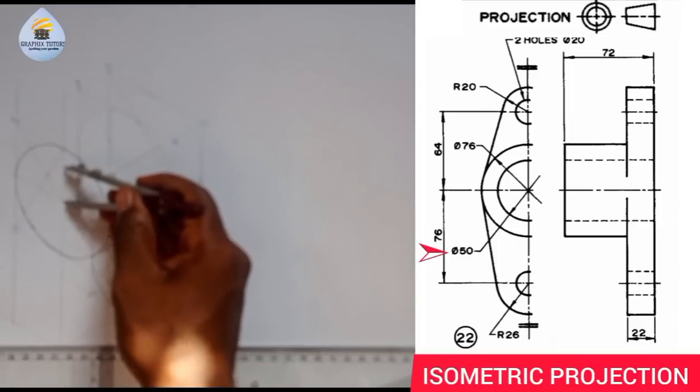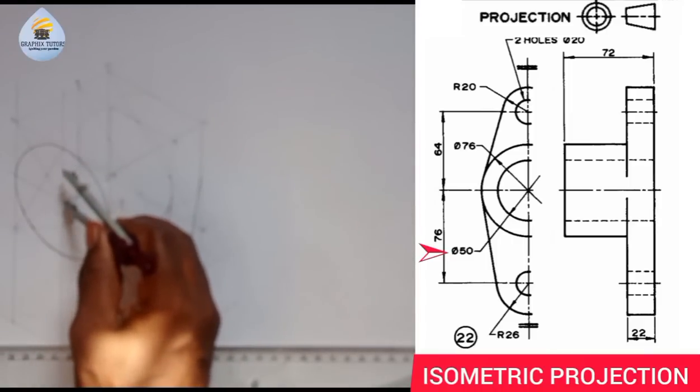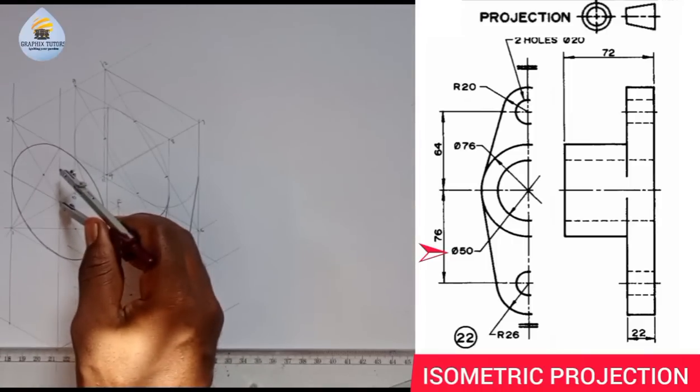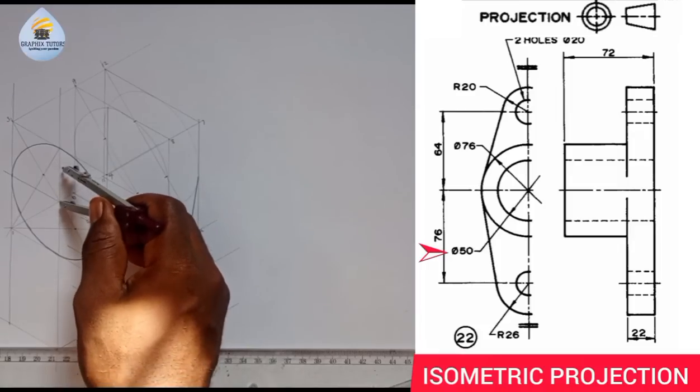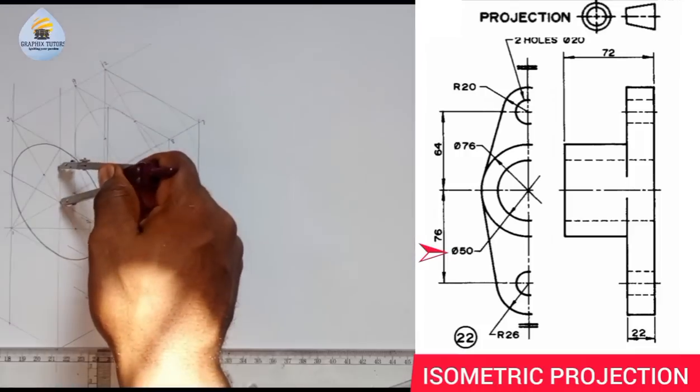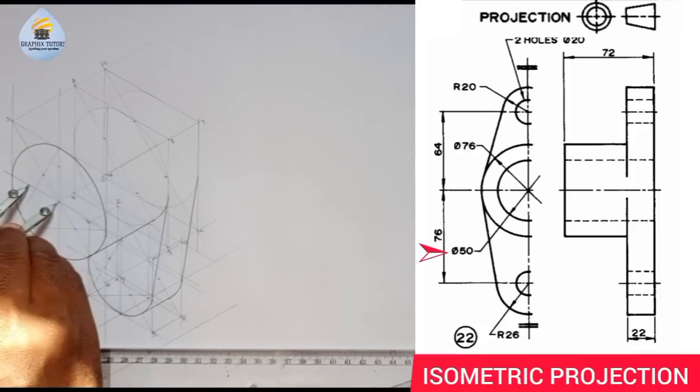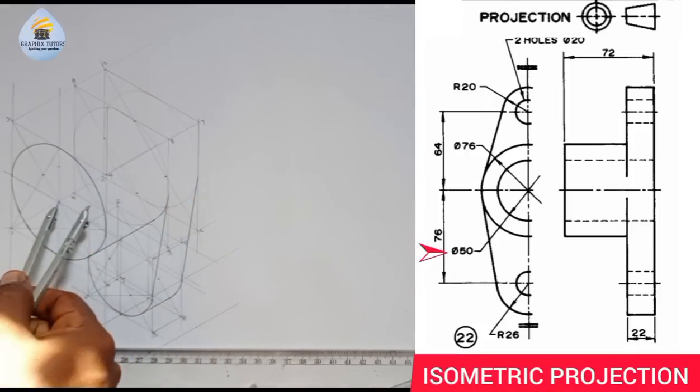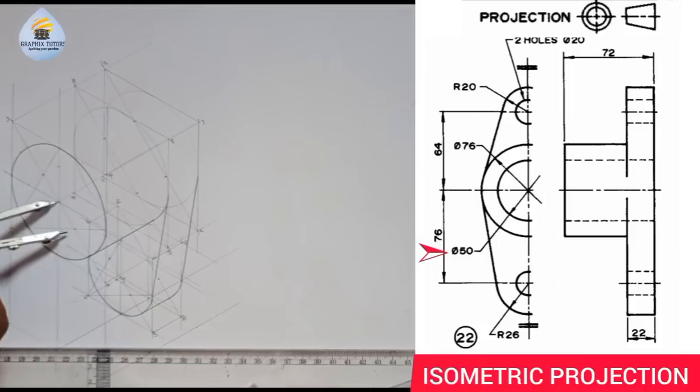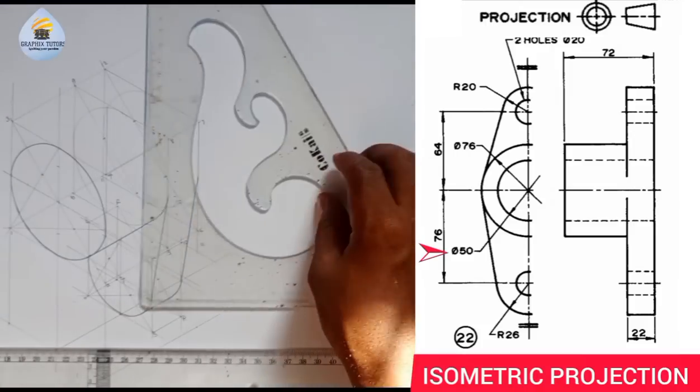Right? And I'm going to mark 25 up and down. 25 here, 25 here, 25 here, and also 25 here, which I will use to form my box. Right? So let's form the box out and see how that goes.